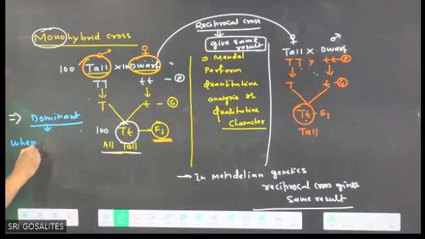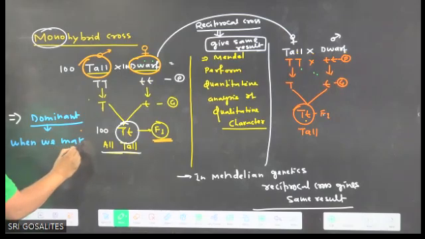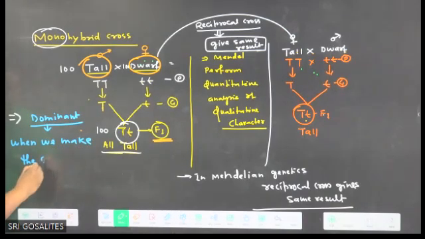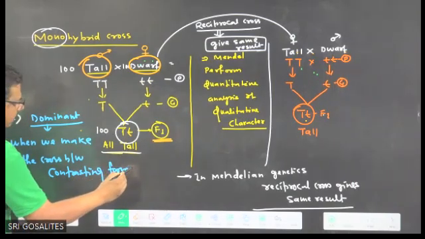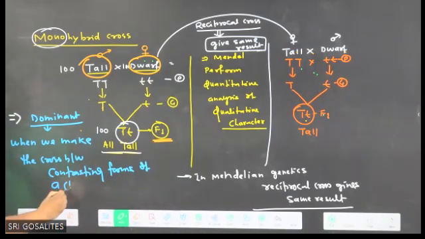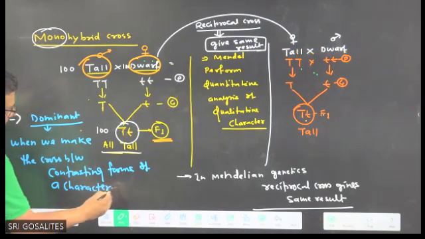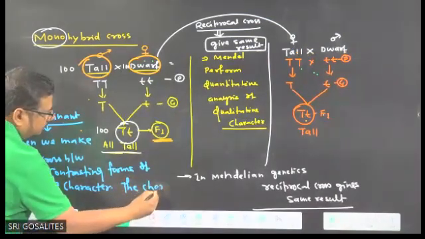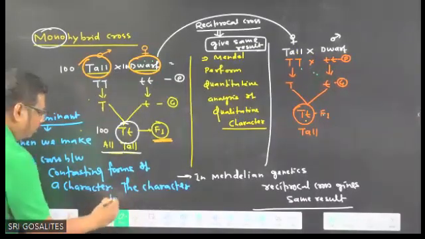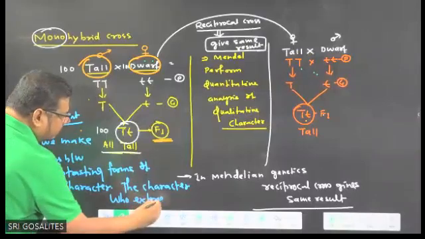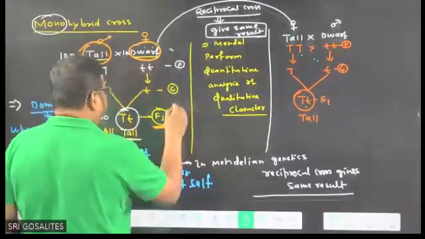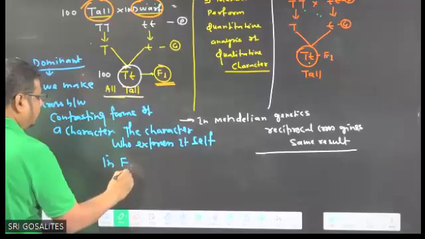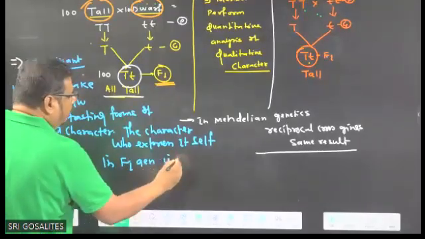When we make the cross between contrasting forms of a character, the character who expresses itself in F1 generation is called dominant.